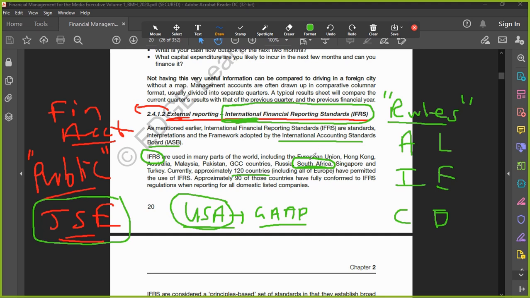So just remember, when looking at accounting rules and records, you're learning something that's international. Many countries around the world use this accounting language to represent information to their users externally and internally as well. When we're specifically focusing on external reporting, IFRS is very, very important because it guides you in terms of how the information is presented.